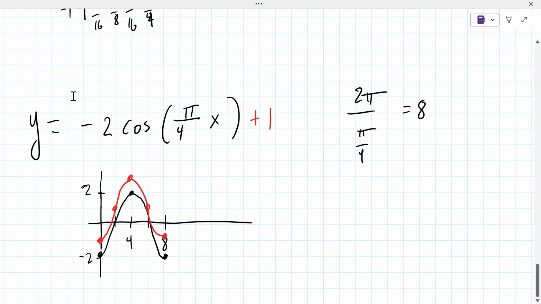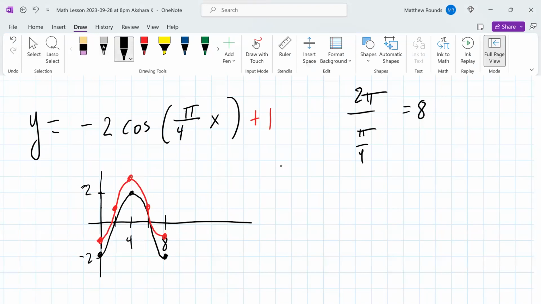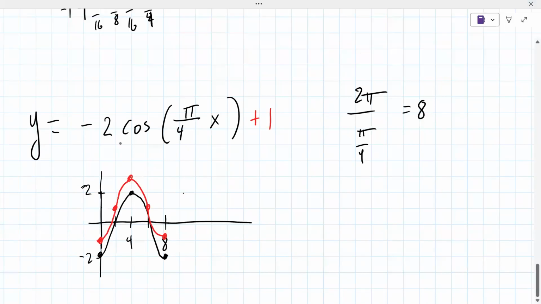They're not like terms. So that one comes at the end. So you do everything else and then you shift it.